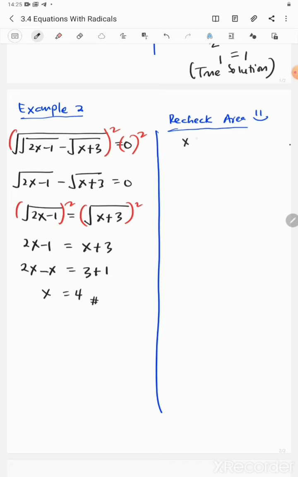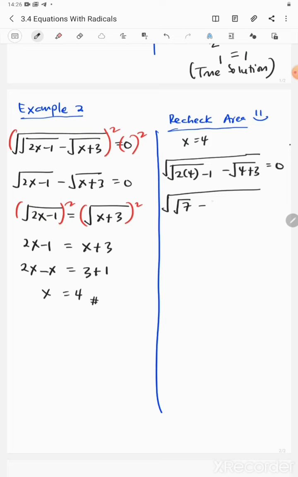Now our solution is x equal to 4, but you have to recheck. When x equal to 4, substitute into the original equation. Is it true the value is equal to 0? Inside the root we get 2 multiply 4, we get 8 minus 1, we get 7, minus square root 7.